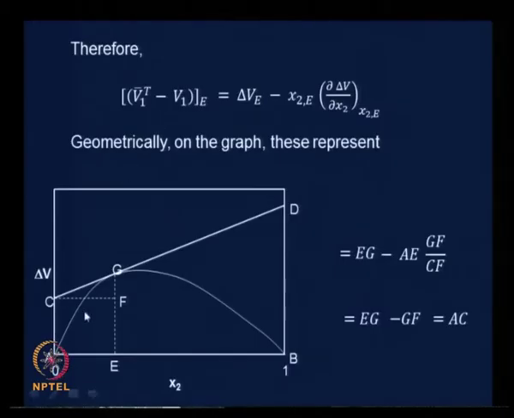For example, if this AGB is the curve that gives the variation of the volume change upon mixing as a function of the mole fraction x2, then if we are interested in finding the partial molar volumes, say at a mole fraction of E, then all we need to do is draw a tangent to the curve AGB at the point E, and where the tangent meets the y axis, this intercept would give us V1t bar.